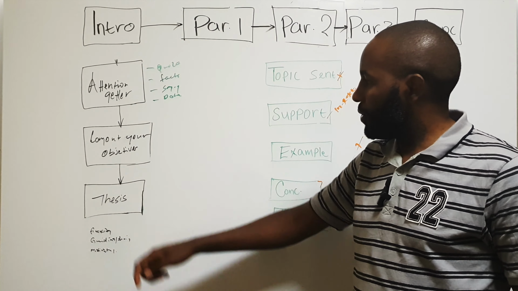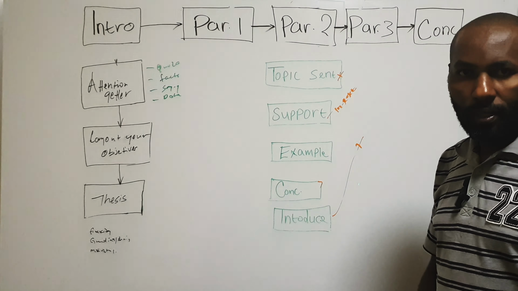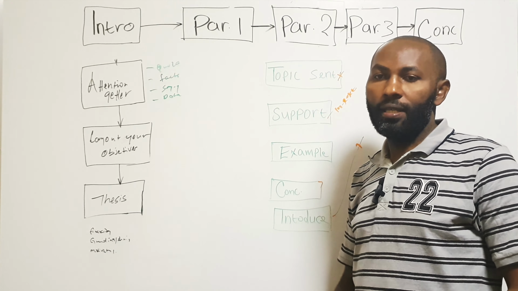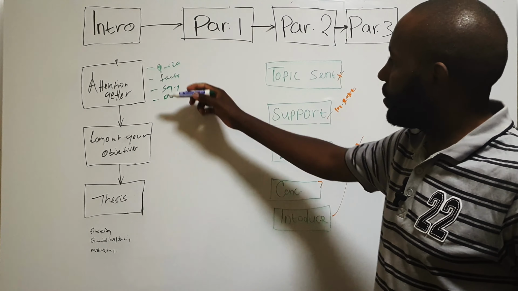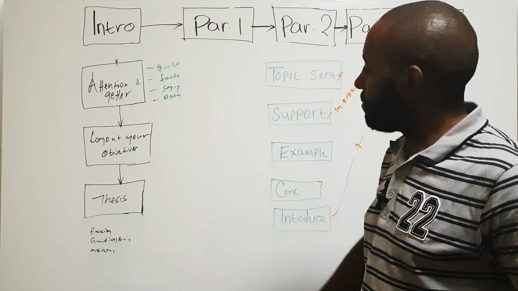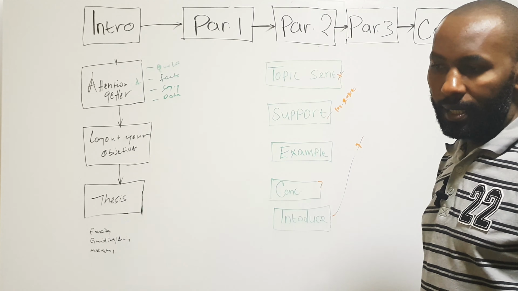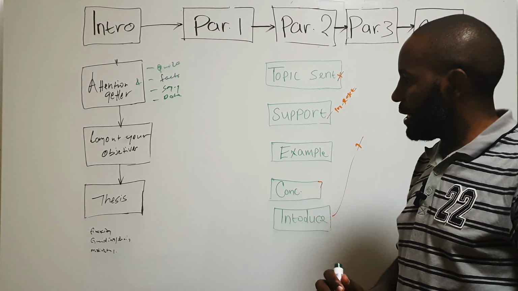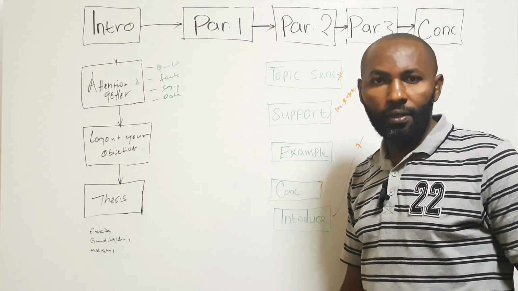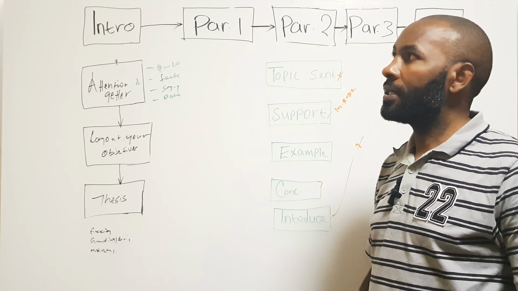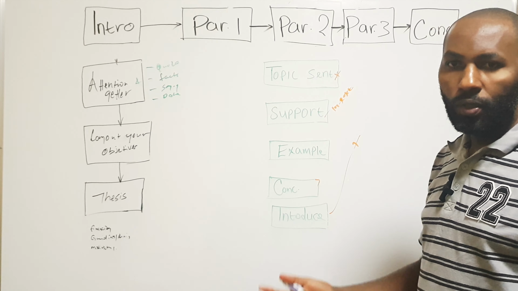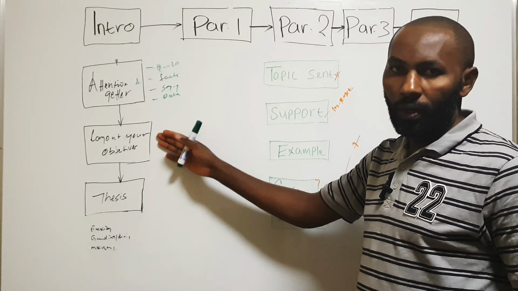Now, in the next step, you're going to write a layout of the objective of your essay. Now that you've got our attention, we need to know what it is that you're talking about. And in this case, you're supposed to lay out your objectives. In the objectives, you need to discuss the deeper details. Introduce us to the topic that you want to talk about.